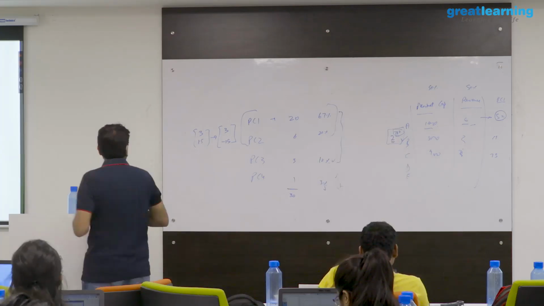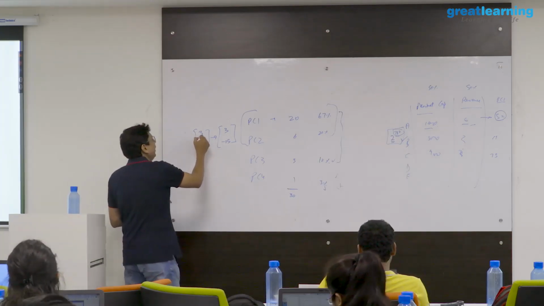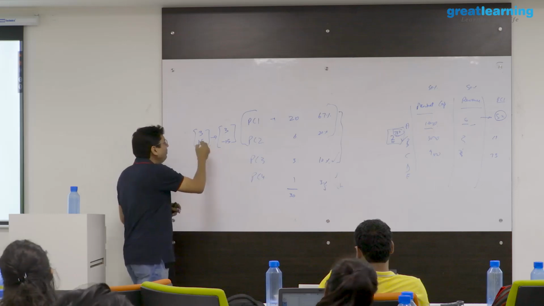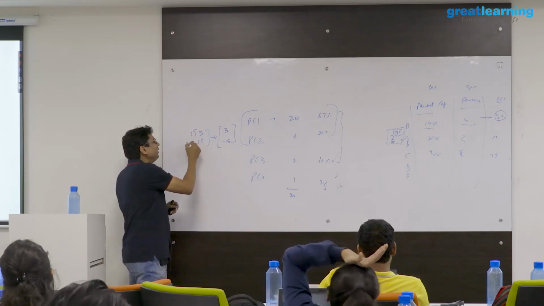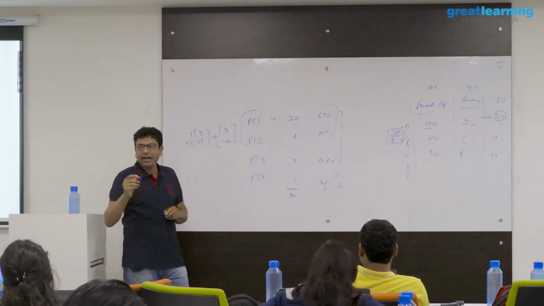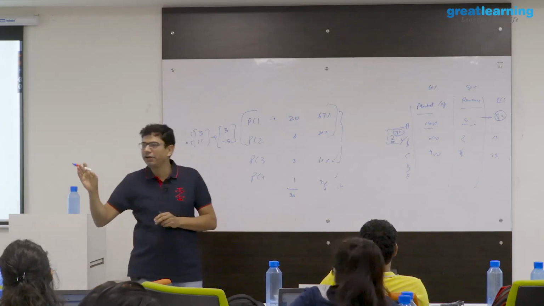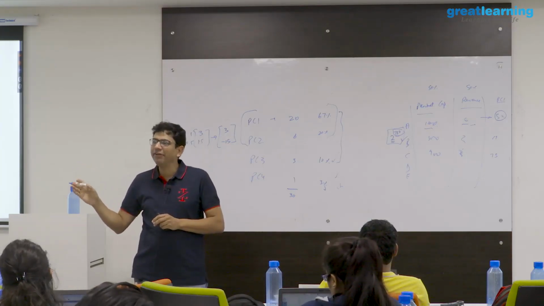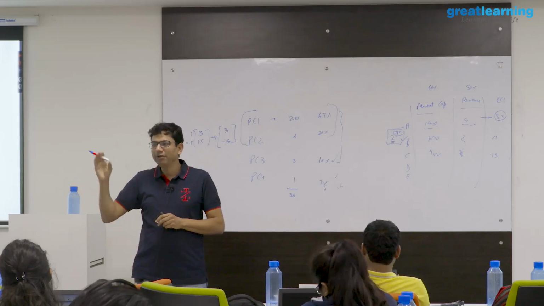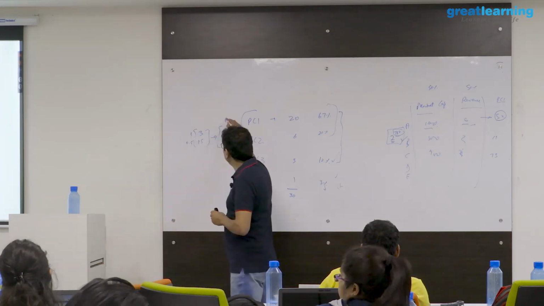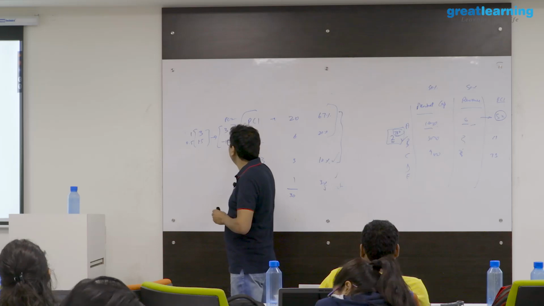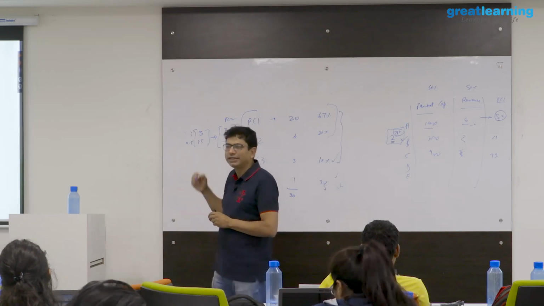So what we do is multiply the original data: feature 1 by 1 and feature 2 by 0.5 to calculate the new value. Similarly for PC2, we multiply by 1 and minus 0.5 to get the next value.